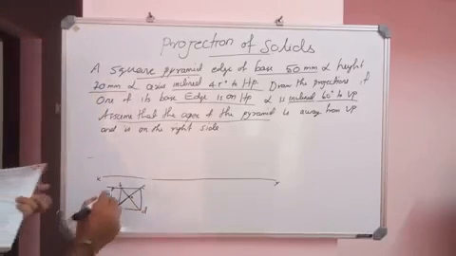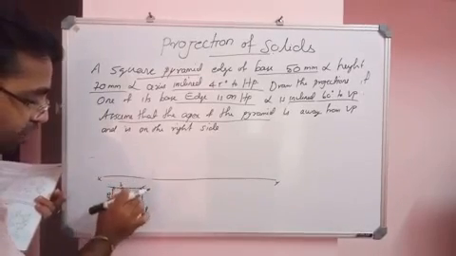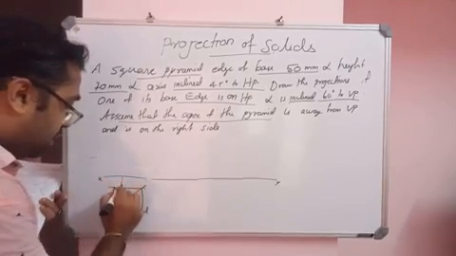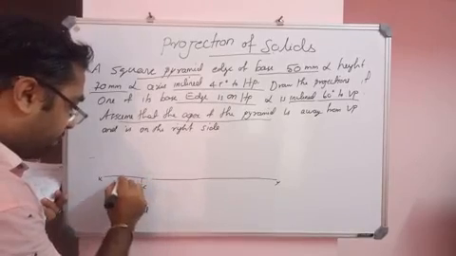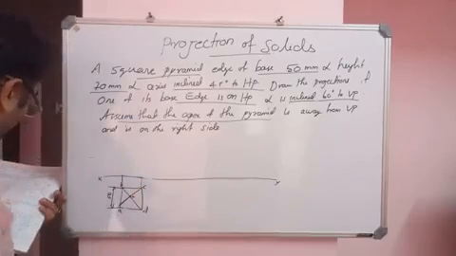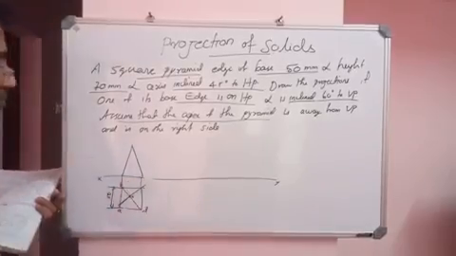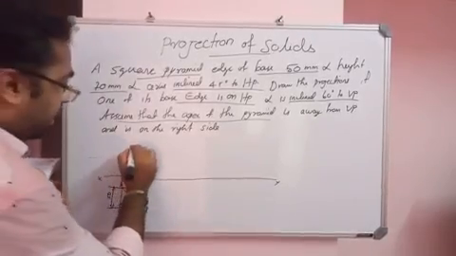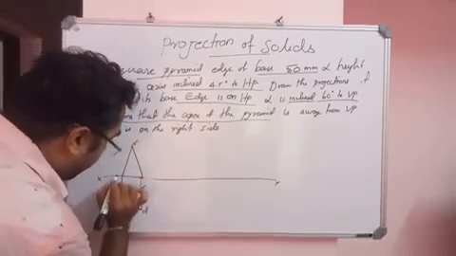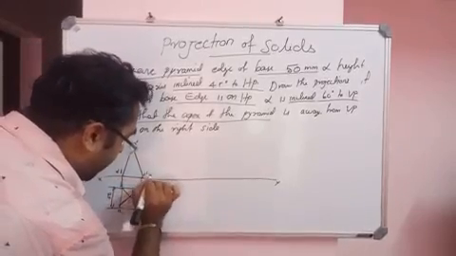Now we have drawn the base, and this is the top view. Now we are going to draw the front view. Just draw small lines, and mark here the point O dash, A dash, B dash, C dash and D dash.